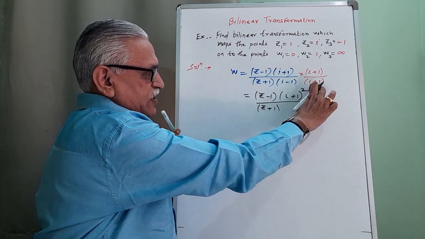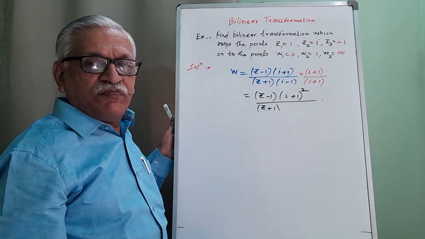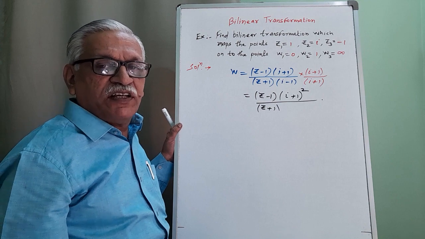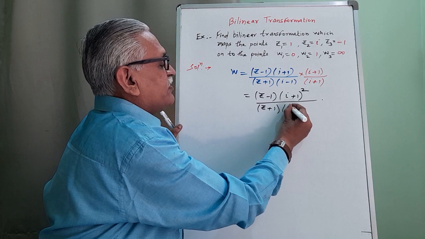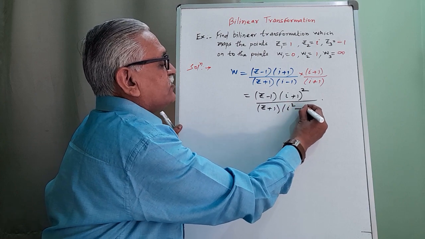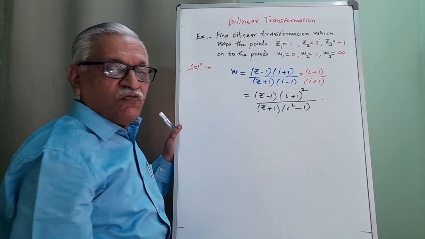Here the terms are of the type (a plus b) into (a minus b). The product of that is a square minus b square, and therefore it becomes a square, meaning i square, minus 1 square, 1.